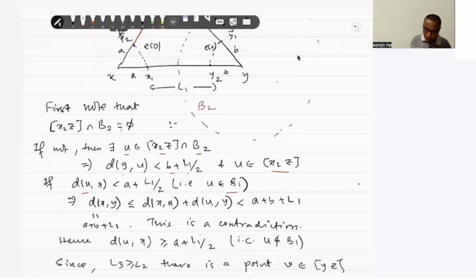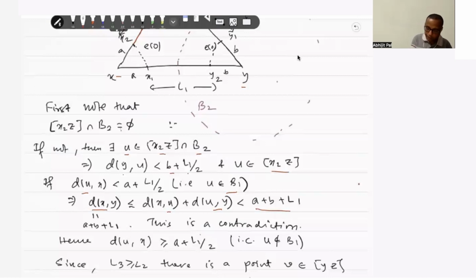Then for the distance between X and Y, we apply the triangle inequality. The distance between X and Y is less than or equal to the distance XU plus UY. The distance between X and U is less than A plus L1 by 2, and the distance between UY is less than B plus L1 by 2. So this distance is less than A plus B plus L1.